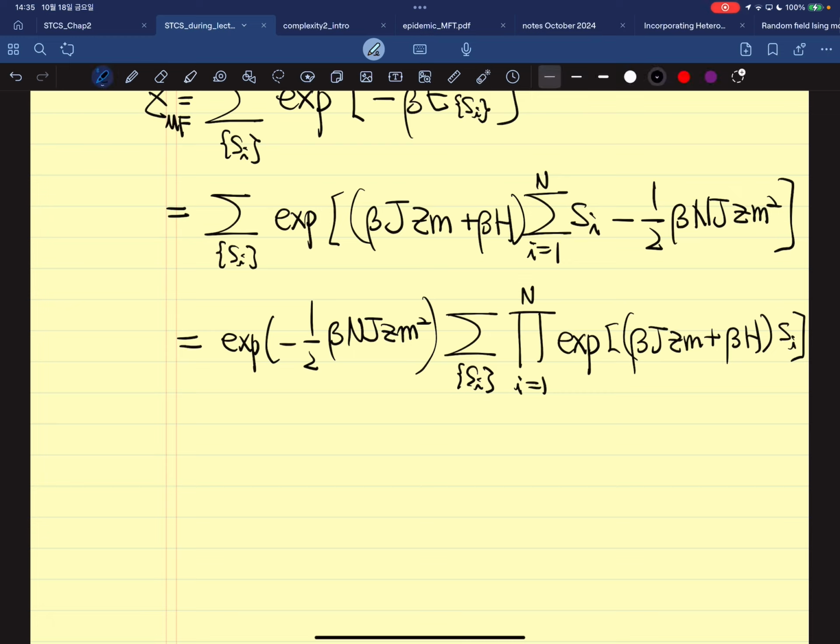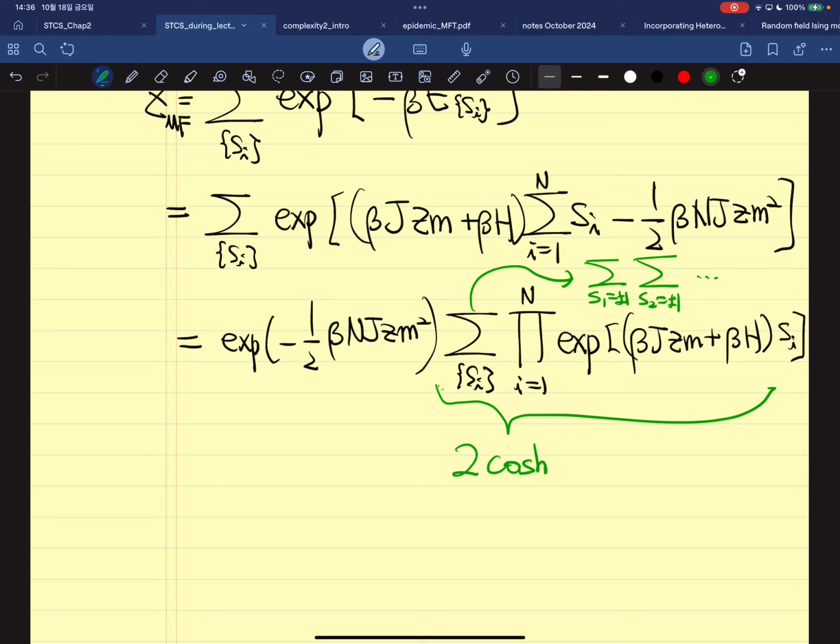So it's a simple thing. And as we precisely did so far, S_1 is plus or minus 1, S_2 is plus or minus 1, etc. So that summation over all the possible states of the products of all these exponential factors would be equivalent to twice the hyperbolic cosine to the power of n.